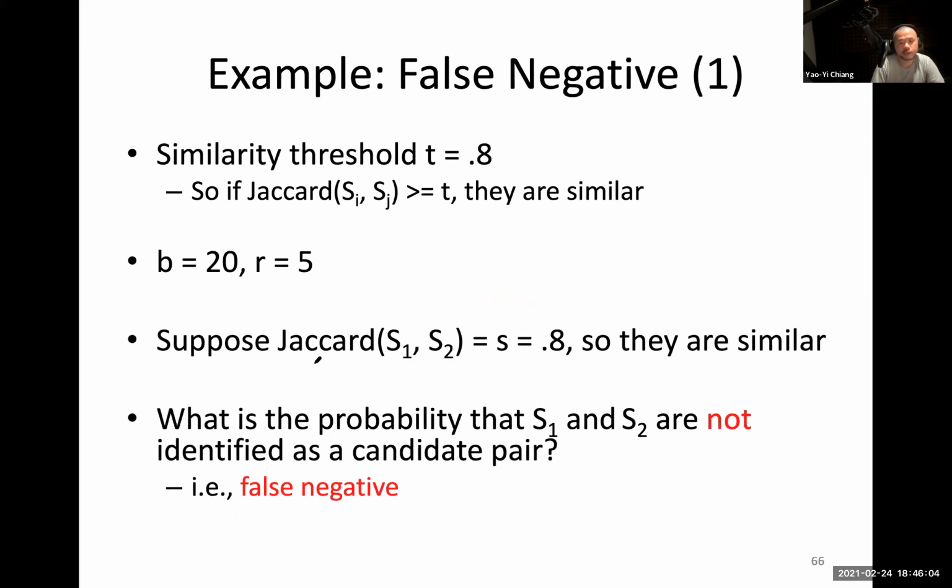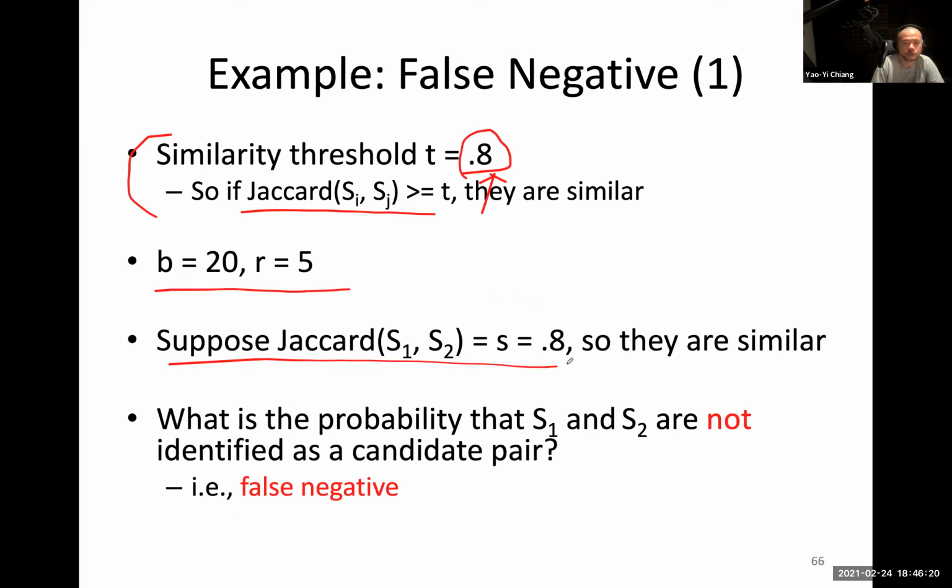So let's look at some example for false negatives. Let's say your similarity threshold is 0.8, 80%. If your Jaccard similarity is larger than this, they are similar, we want to find them. And say your B is 20, R is 5, Jaccard similarity equal to this for these two documents. So they are similar. So what is the probability that your two documents are not identified as a candidate pair, which means they are false negatives?